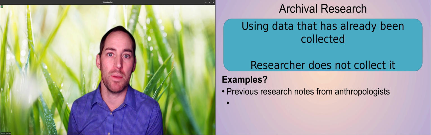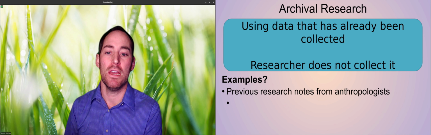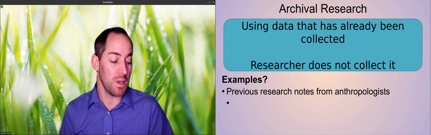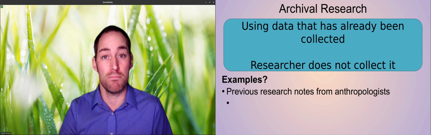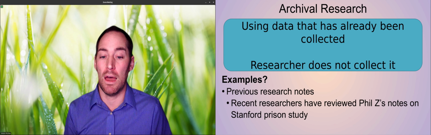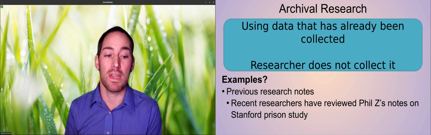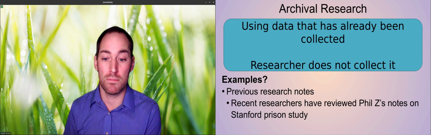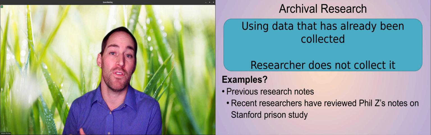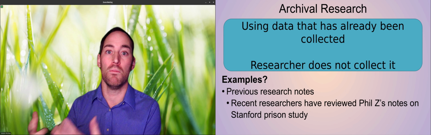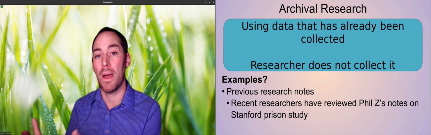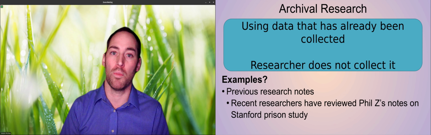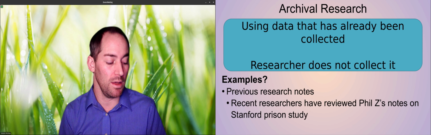That's one thing people have done with Margaret Mead's studies, is look at the old research notes that Margaret Mead had made compared to what we understand about development now. Another good example of this is the notes that Phil Zimbardo made and some of the documentation of the Stanford prison study. So researchers now have gone back and looked at some of those things and been able to understand a little more or learn more from that or explain what was going on there.